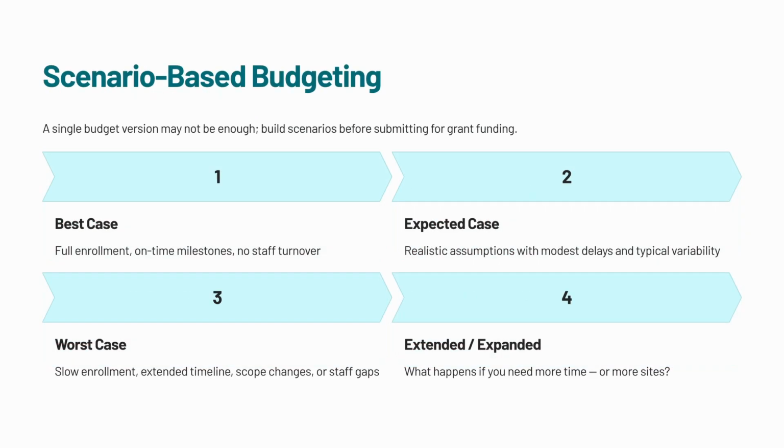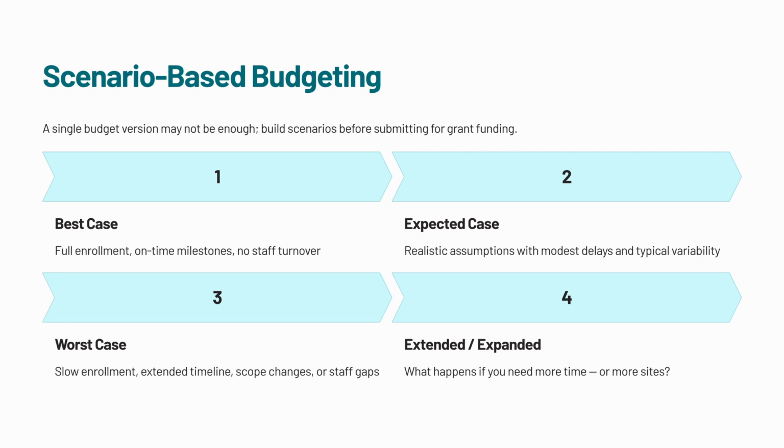With the potential identified funders, a single budget version is rarely enough. Before submitting for funding, it helps to build scenarios. The best case scenario assumes things go smoothly: full enrollment, milestones on time, and little staff turnover.